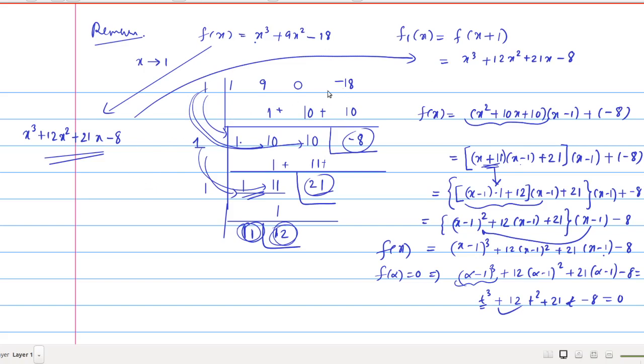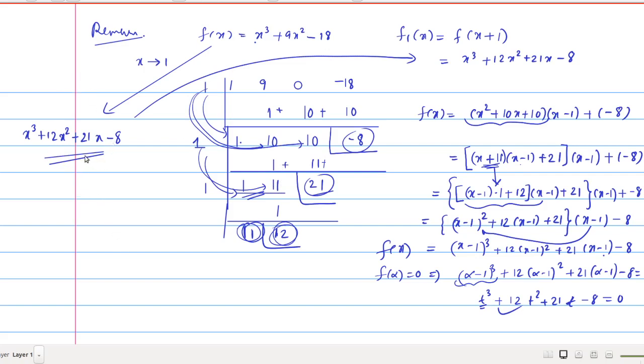whichever is simpler. Sometimes this division is simpler than substituting x plus 1 in f of x, and in some cases vice versa. So you can use this method also. In the textbook, this method is explained to obtain a new equation whose root is diminished by 1 or 2 or 3.